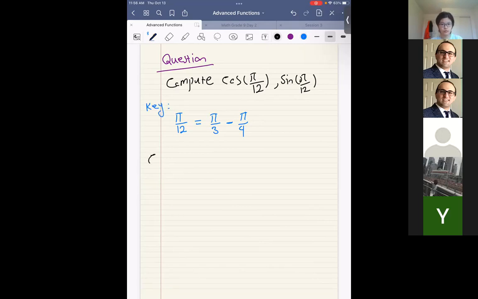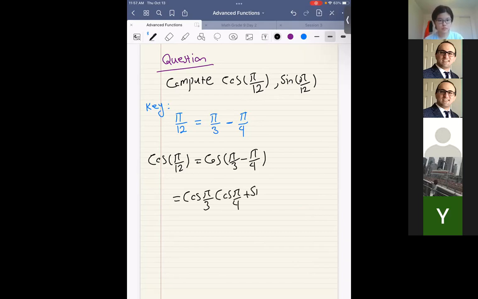That means cosine of pi over 12 is equal to cosine of pi over 3 minus pi over 4, which is equal to what? Cosine of pi over 3 times cosine of pi over 4 plus sine of pi over 3 times sine of pi over 4.